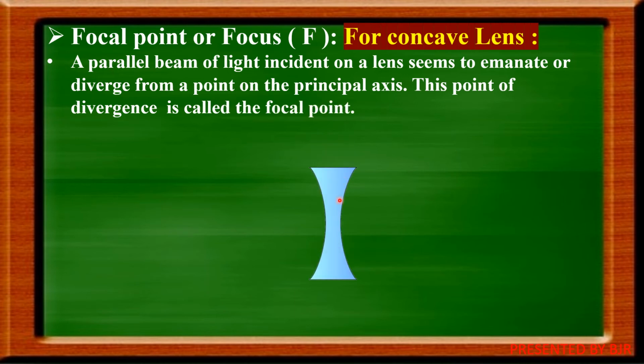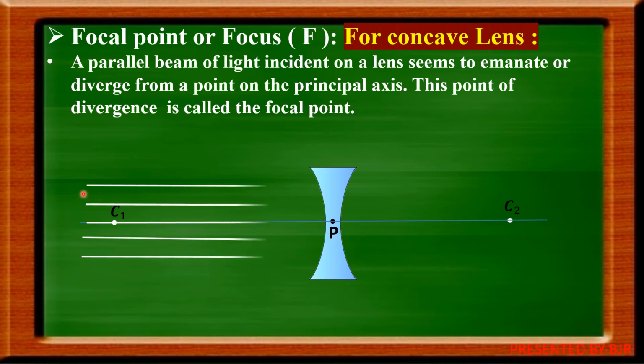See here, this one is the concave lens. P is the optic center, and C1, C2 are the centers of curvature, and this line passing through the centers of curvature and the optic center is called the principal axis. Suppose here parallel rays are traveling from left to right and falling on the concave lens here.